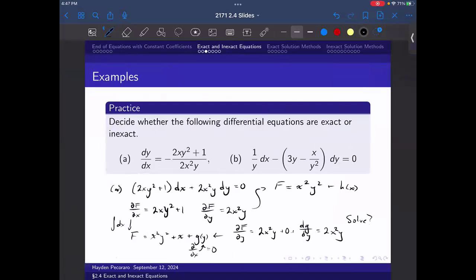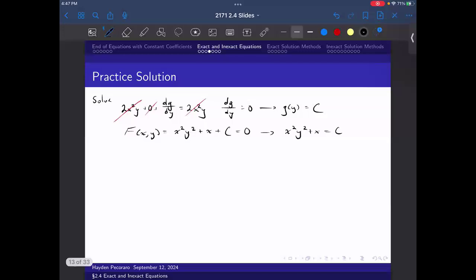We have 1 over y dx minus (3y minus x over y squared) dy. Okay, so if we try the same thing, then this tells us f should be, right?